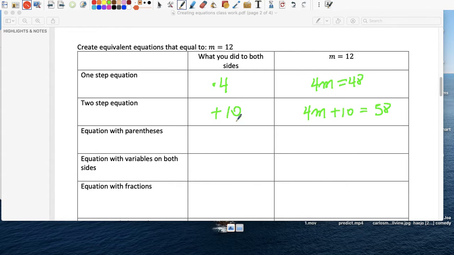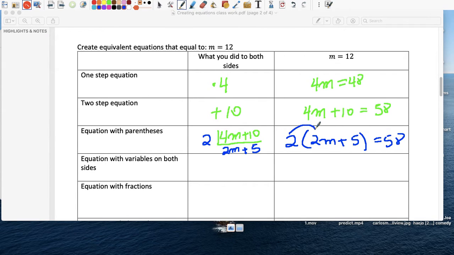Now here, notice that I added 10, which is not a multiple of 4, but that's okay because they both have a common factor of 2. So if I take 4m plus 10 and do the ladder method, what number can go into 4 and 10? 2 goes into 4 2 times, or 2m, and 2 goes into 10 5 times. So I'm going to rewrite that as 2 times 2m plus 5 equals 58.